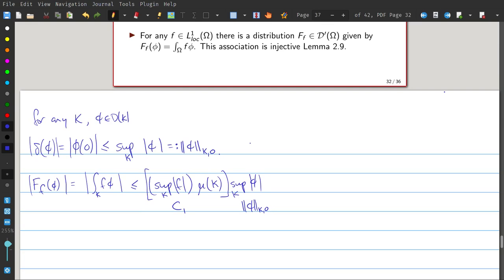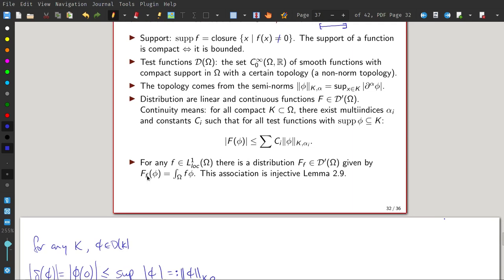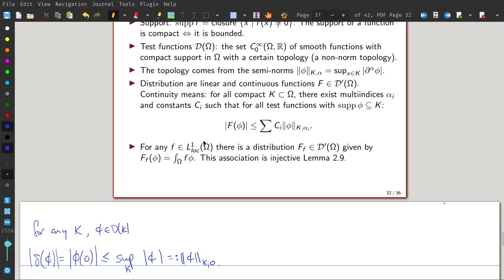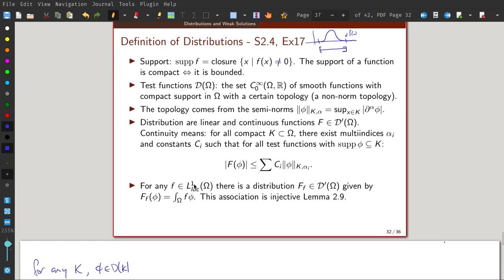And of course, there are other distributions that you might need to prove obey this continuity condition. So as I said, for any locally integrable function, there is a corresponding distribution called T_f, and it's given by integration against f. Previously, we've said that distributions are a generalization of integration in some sense.